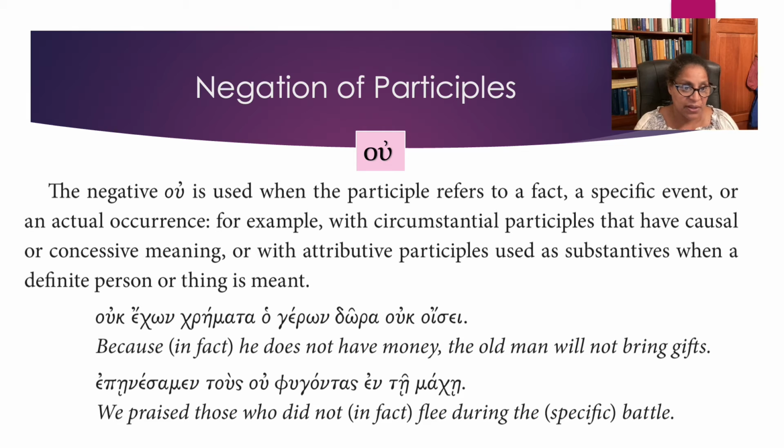So we have tous ou phugontas, which is our attributive participle, and it's negated by ou, which means that this is actual people who did not flee, right? So we praise those who did not, in fact, actually flee during the battle, and it's a specific battle. Okay, so it's not a generalized thing.